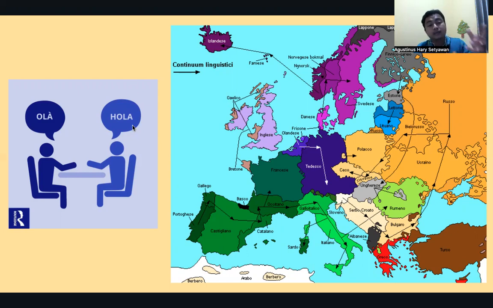Then we can also see examples from Europe, Indo-European languages. This is not from David Crystal. In David Crystal, we have families of words. This is the relation, an example of a mutual intelligibility map.